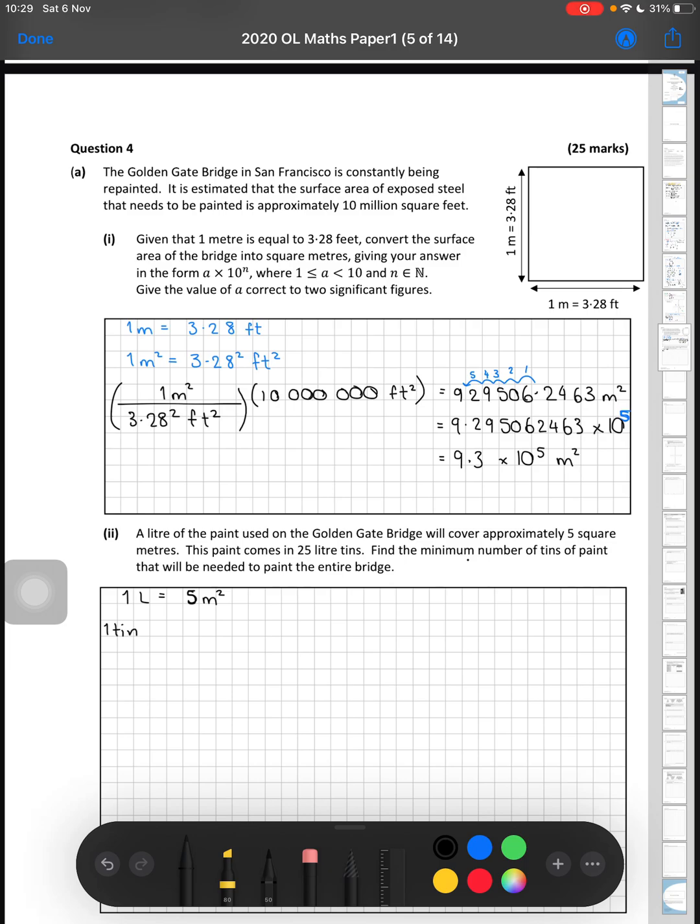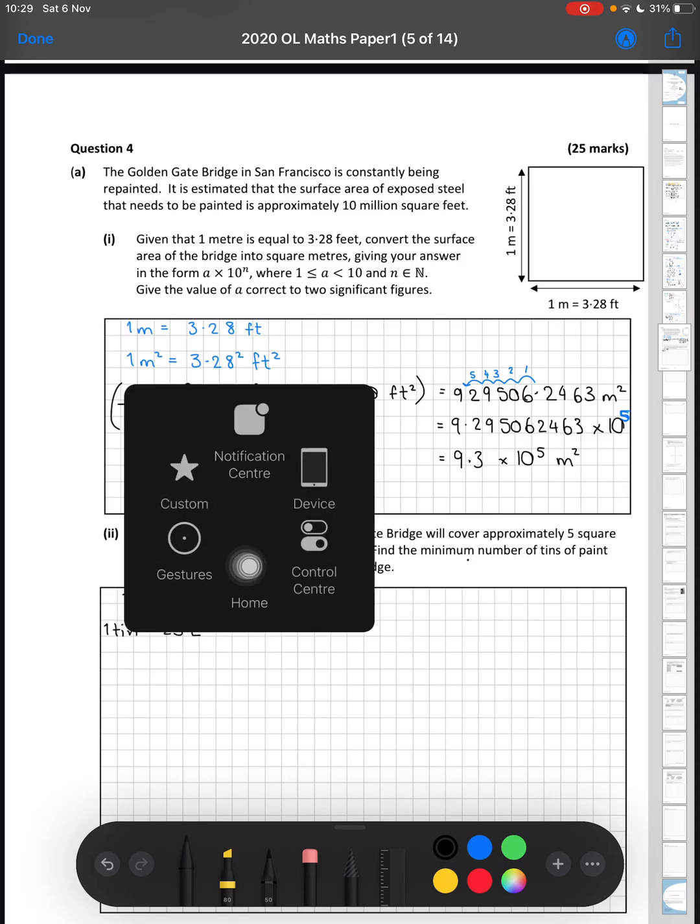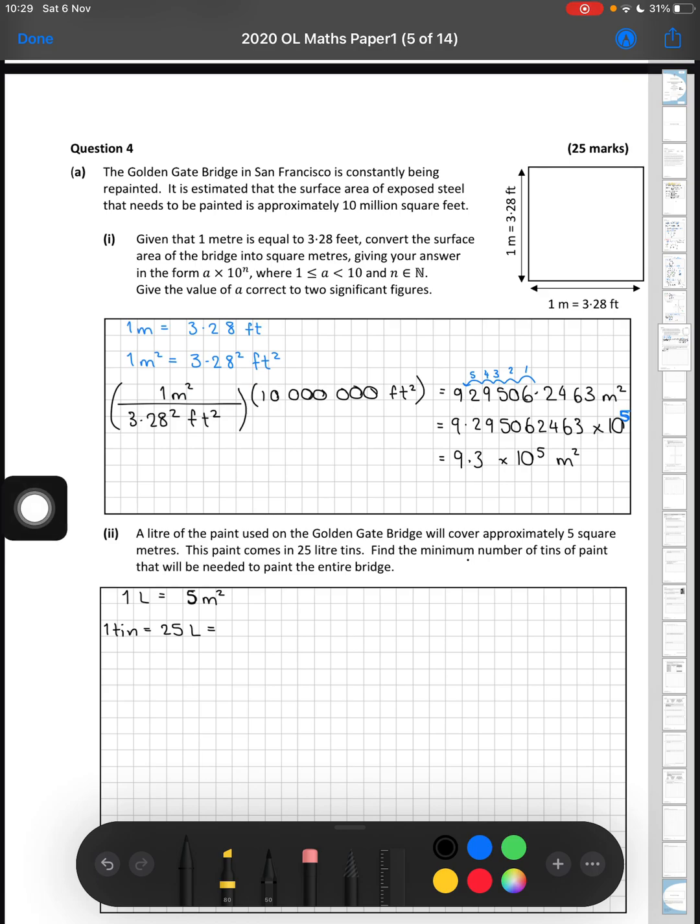If 1 litre covers 5 square meters, then 1 tin, which is 25 litres, covers 25 times the amount. So we multiply this 5 meters squared by 25 to get that a tin covers 125 meters squared.